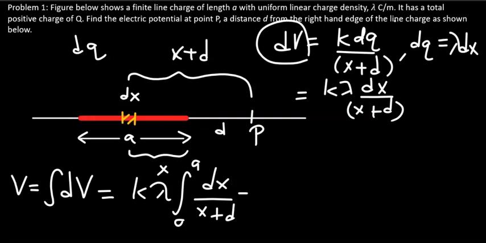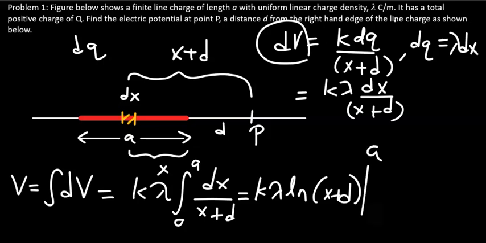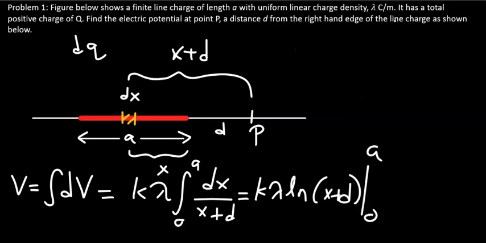So this is a straightforward integral, k lambda natural log of x plus d. Do not forget the limits 0 and a. Now lambda, the linear charge density, can be expressed in terms of total charge as quite simply the total charge divided by the entire length of that line charge, which is a.